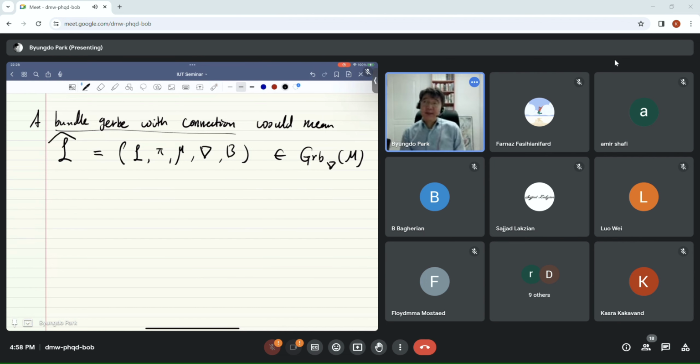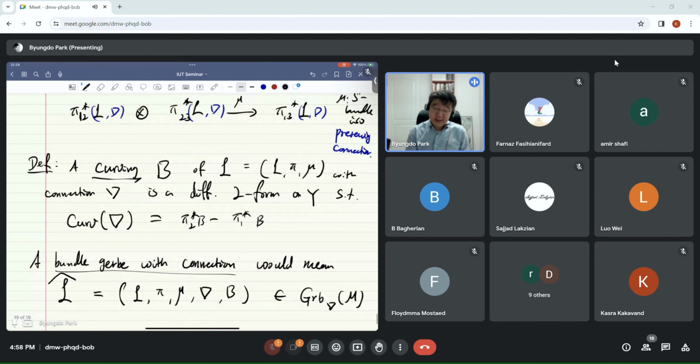Then this connection and curving, this is not actually something that corresponds to a curvature. For example, if you consider a line bundle, the line bundle curvature is actually your Weil-Chern form.